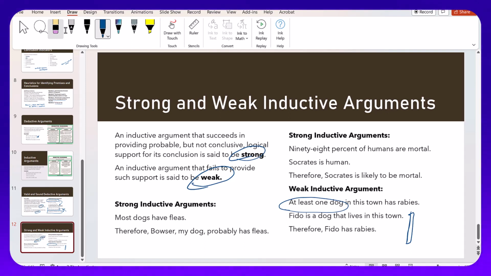It can be a weak, strong inductive, and that's the confusing part, right? If there's any level of probability, yes, it could be true. It can be a strong argument. It's when it doesn't support it at all. Therefore, Fido has rabies. That's not a logical conclusion at all to one dog having rabies. That's not even likely a probability in that sense. So that's where you get the weak versus strong.